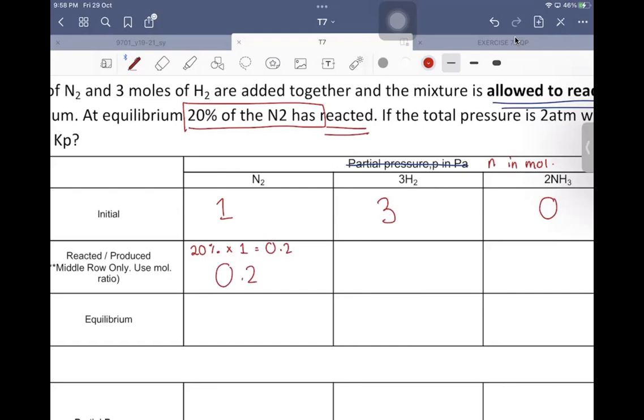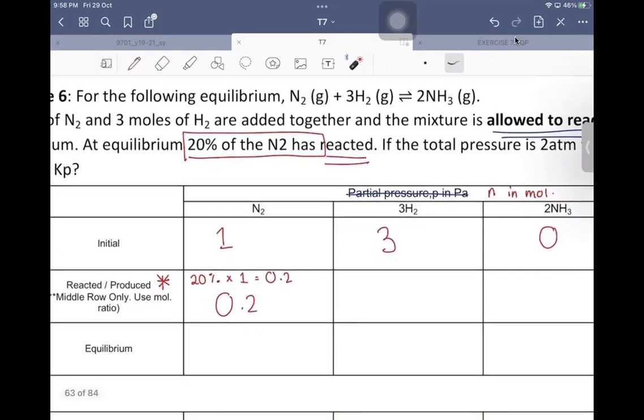But the middle row is powerful. If you know at least one value for either the reactant or the product, and you also know the balanced equation of this system, you can use mole ratio to find the values of other unknown molecules. So now I've already got my value for nitrogen.